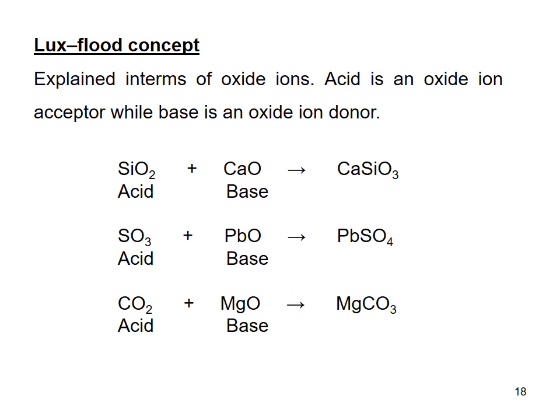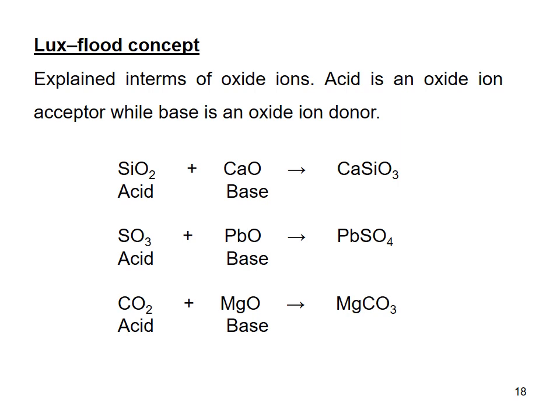If you take silicon dioxide and calcium oxide, and it forms calcium silicate, you can see that this oxide from the calcium goes to the SiO2. So this SiO2 is an oxide ion acceptor and it becomes an acid. Since calcium oxide donates an oxide ion, this calcium oxide is a base.